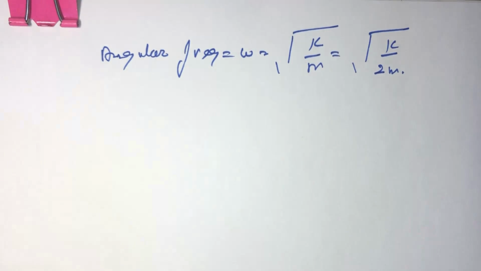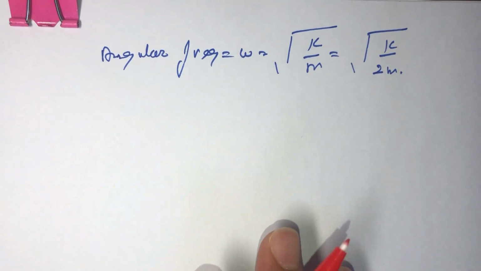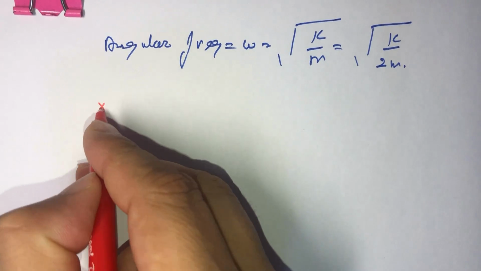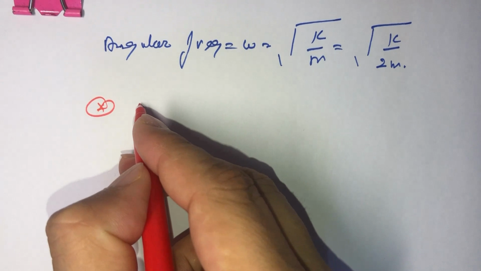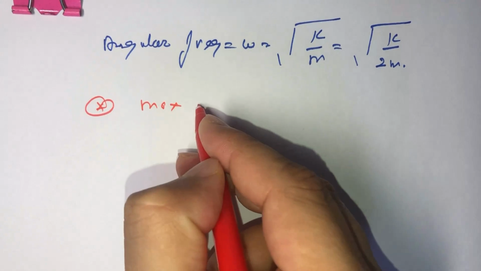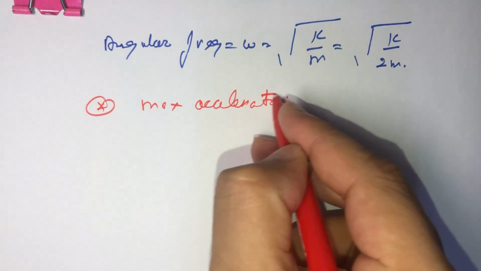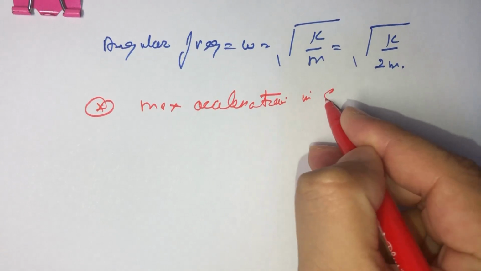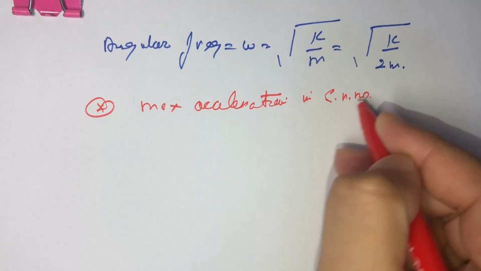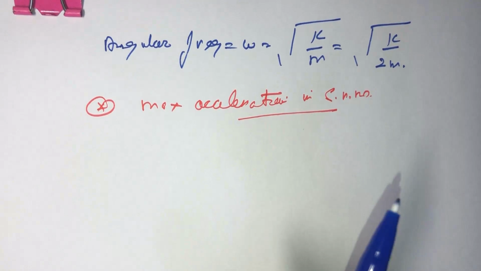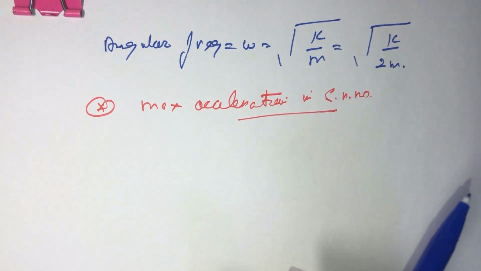And in case of SHM, the maximum acceleration occurs when the displacement is maximum, that is at A.